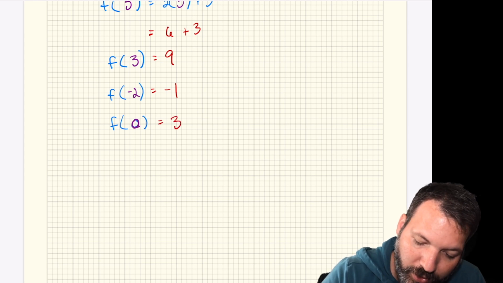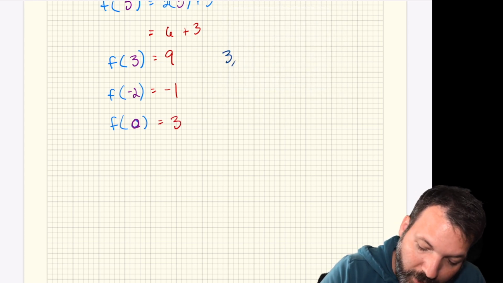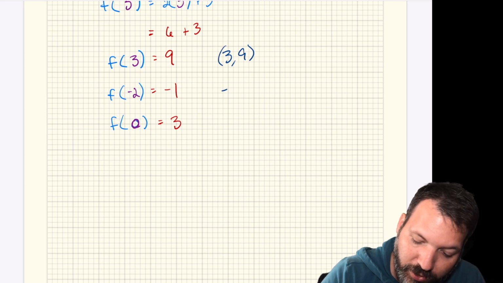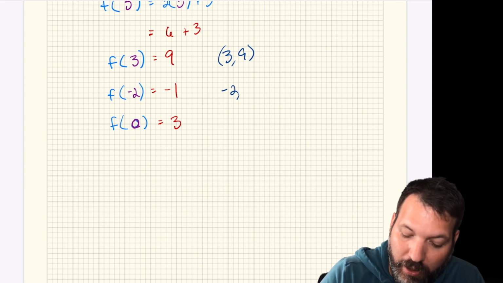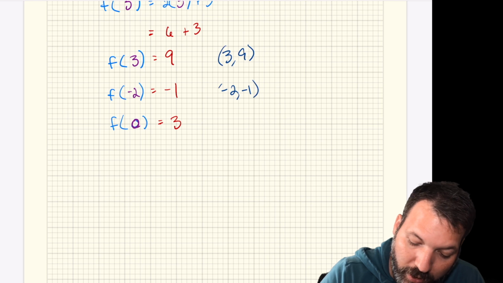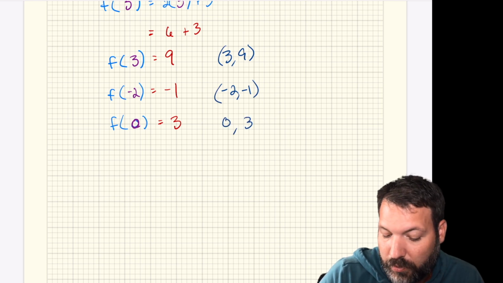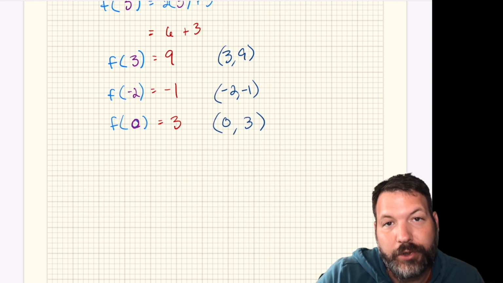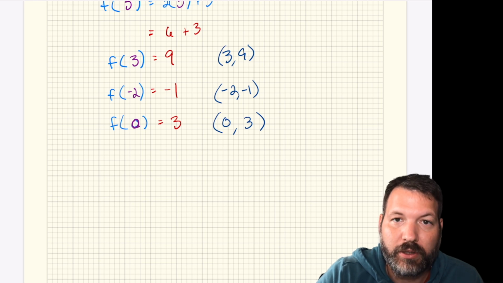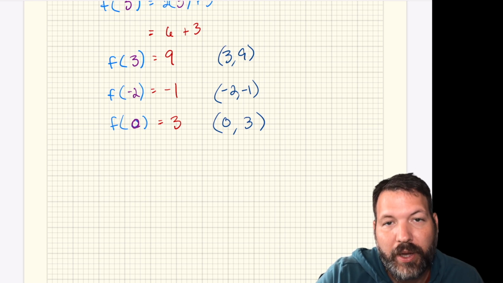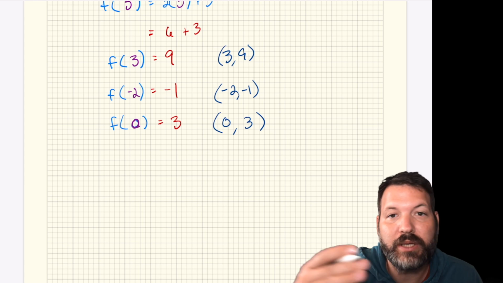And so this corresponds to the ordered pair 3, 9, just like this corresponds to the ordered pair -2, -1, just like this corresponds to 0, 3, and so on and so forth. So the function notation helps us understand a little bit better the relationship between inputs and outputs.